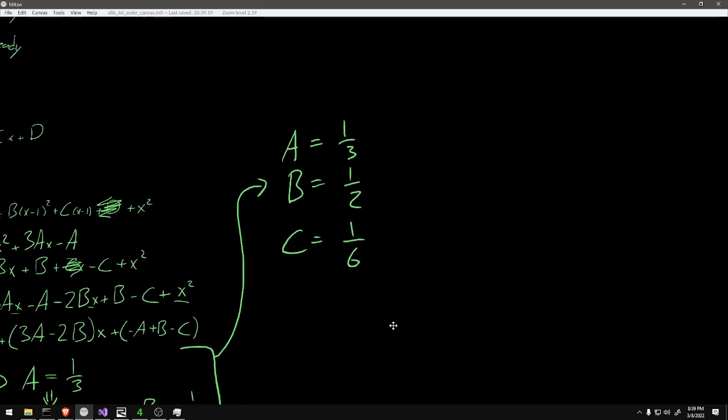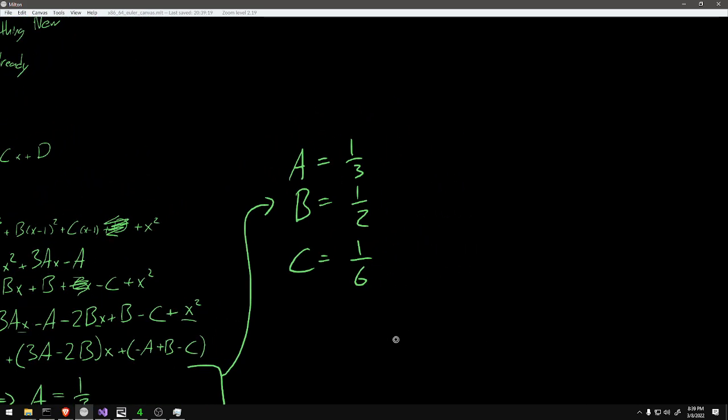So now we have f of x equals 1/3 of x cubed plus 1/2 of x squared plus 1/6 of x plus d.